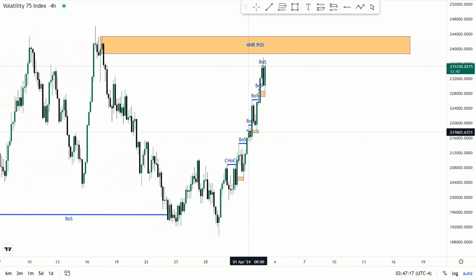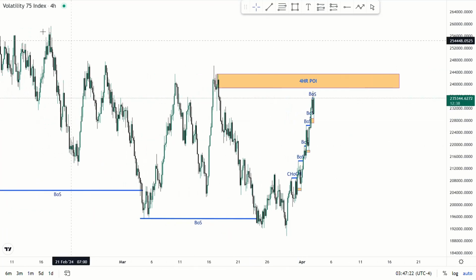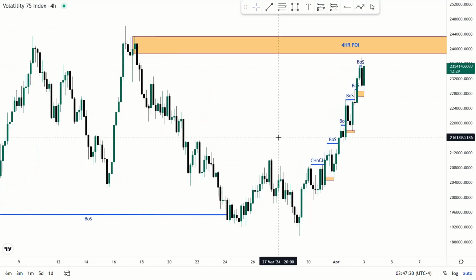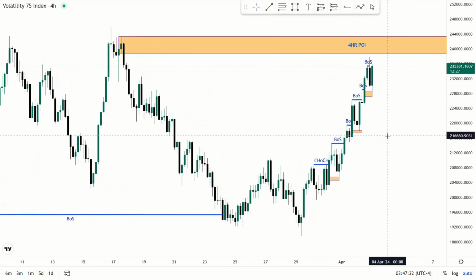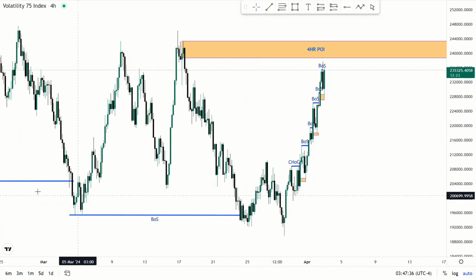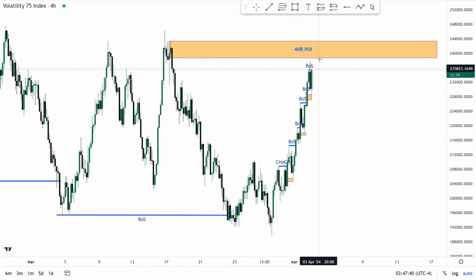On the 4-hour chart, this is the Volatility 75, a synthetic index, and it's on a downtrend overall. You can see the break of structure going to the downside, but there's this leg right here.